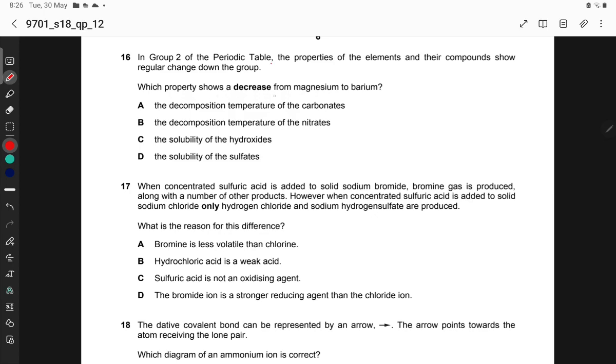Which property shows a decrease from magnesium to barium? The decomposition temperature, magnesium to barium. Decomposition temperature increases down the group as the size of the cations increases.